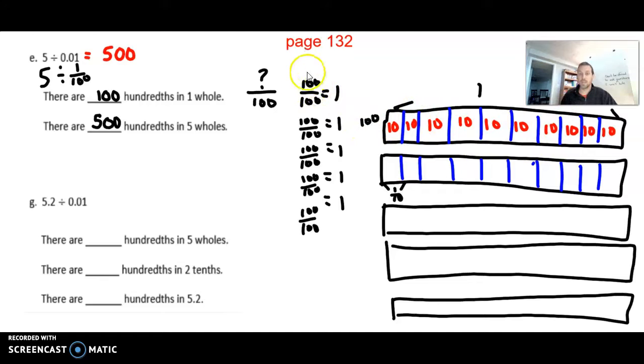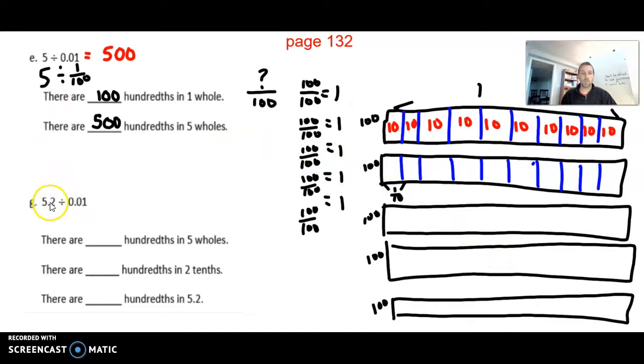And just as we had here in this little quick model, this one would have 100 pieces, this one would have 100, and all of them would have 100 pieces. How many pieces altogether? 500. Again, I did it mentally here, I did it in more of a fraction model here, and then I drew our tape diagram model that would help you too. All right.